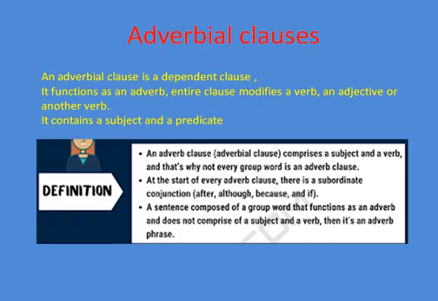Now, in the form of a picture, I am trying to give you more idea about adverbial clauses. An adverb clause comprises a subject and a verb, and that's why not every group of words is an adverb clause. At the start of every adverb clause there is a subordinating conjunction like after, although, because, so, if, so that.